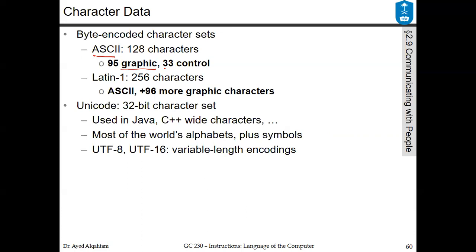And they have also 33 control characters, like the escape, the delete, and many others. And in Latin-1, that's another encoding protocol, and it has 256 characters, which is the ASCII, the 128, plus more graphic characters.